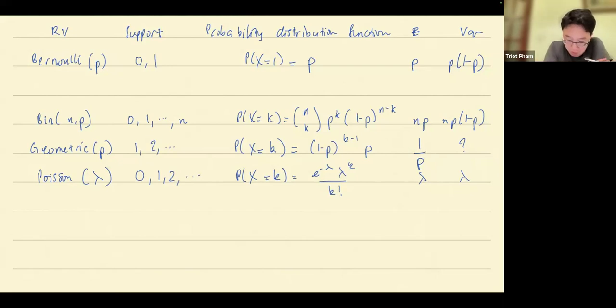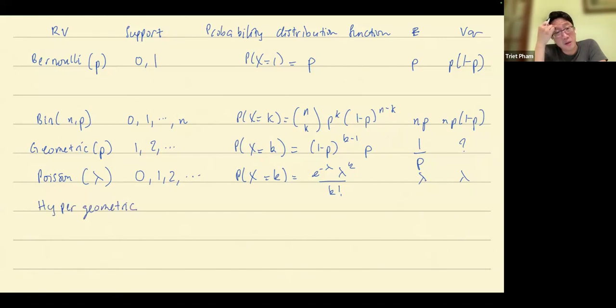All right. Anything else to add to the list? Well, one random variable that you tend to study in probability is the hypergeometric.